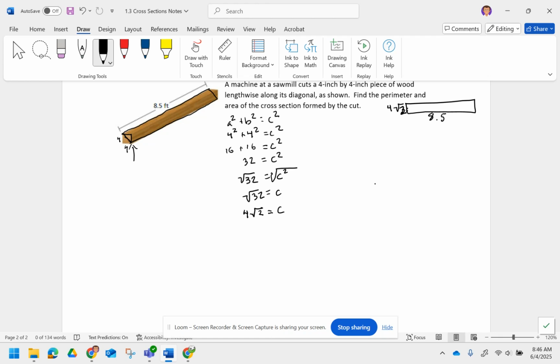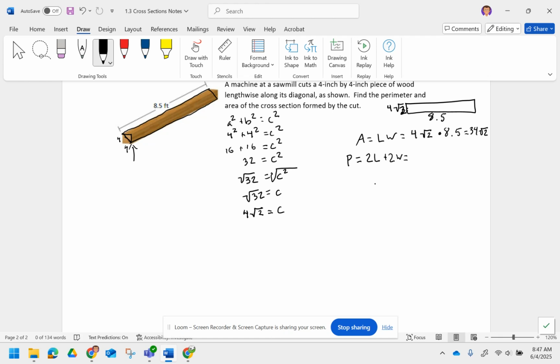All right, so finding the area. Area is just multiplying the length times the width, which in this case is 4 square root 2 times 8.5. So that's going to be 34 square root 2. All right, so there's our area. Perimeter can be done by 2 times the length plus 2 times the width.